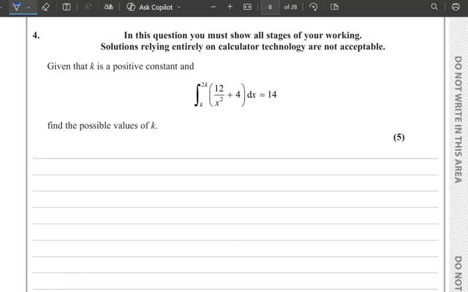we are given the integral from k to 2k of 12 over x squared plus 4 with respect to x equals 14. So if you look at this, we're going to integrate.